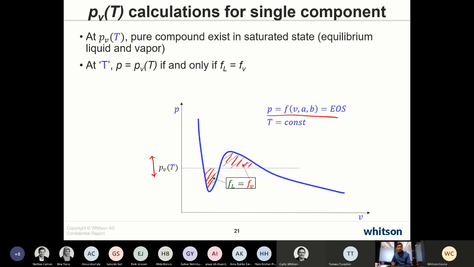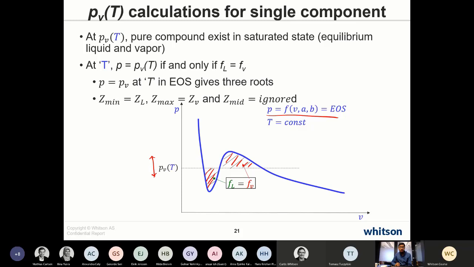That's the fundamental condition you need to achieve for a thermodynamically equilibrium solution: the fugacity of the component in the liquid phase and the vapor phase have to be the same when there are two phases. So that's how we come up with the vapor pressure value, that the fugacities of the two phases should be the same at that given pressure. And that's something we will also do in the exercise in Excel.